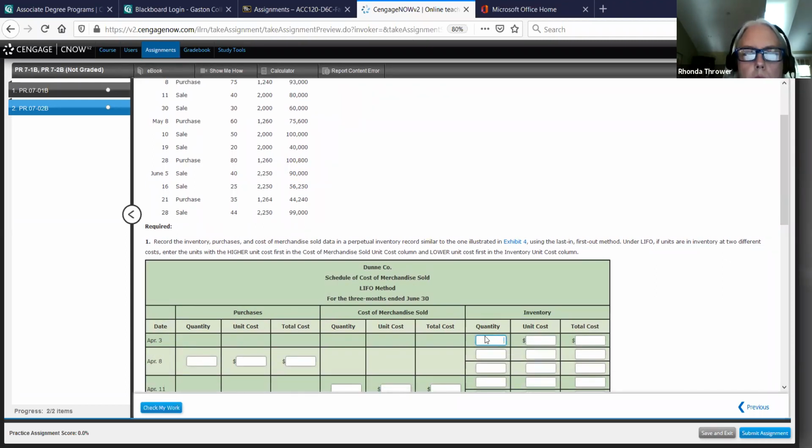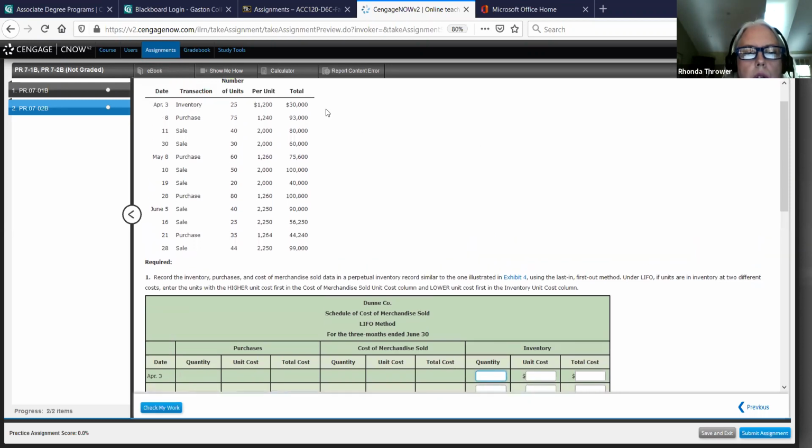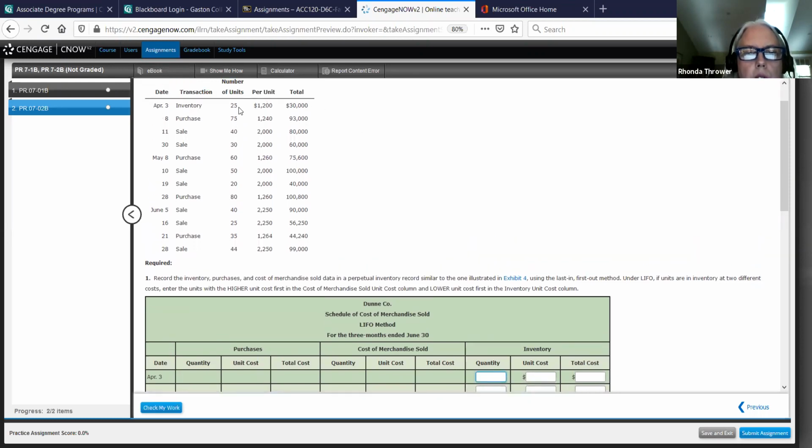And so we're going to start with our quantity that we have left over from last period on April the 2nd, which is considered to be our beginning inventory. And the number of units that we have is 25 left over from the last period. And what they cost us per unit was $1,200.